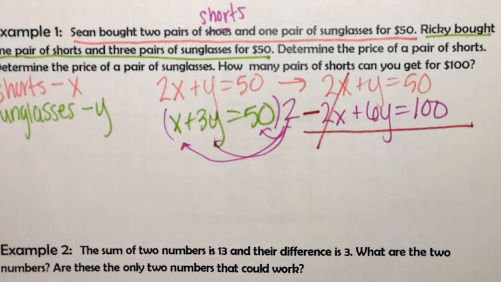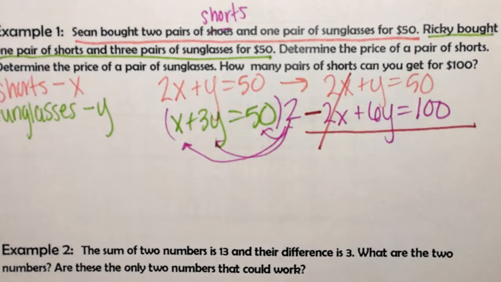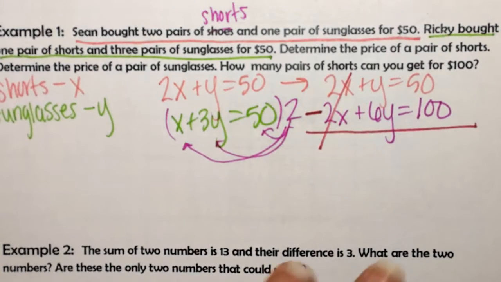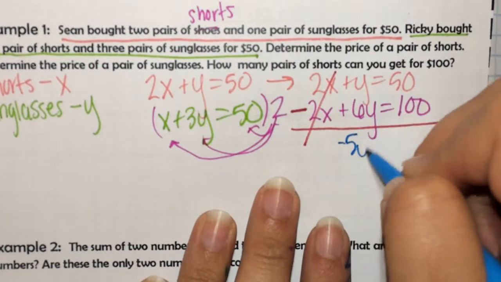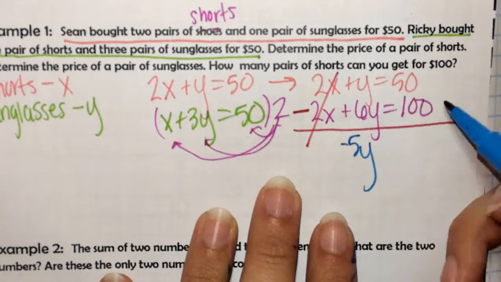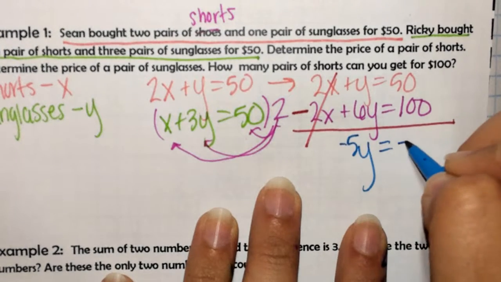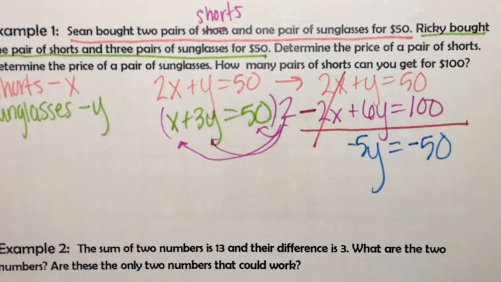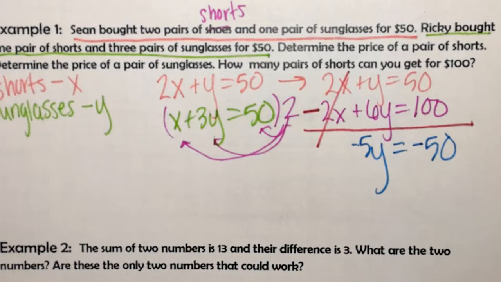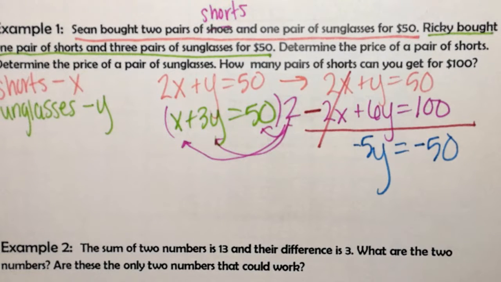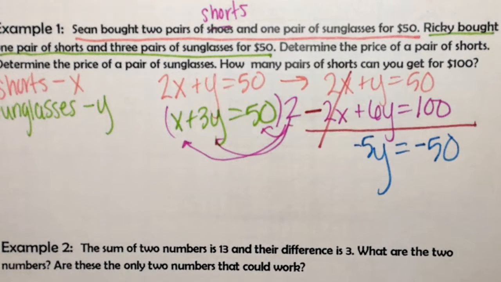What is 1y minus 6y? Negative 5y. And what's 50 minus 100? Negative 50. So what do we do from here? Divide. Divide by what? Negative 1.